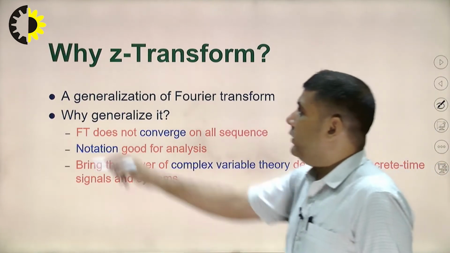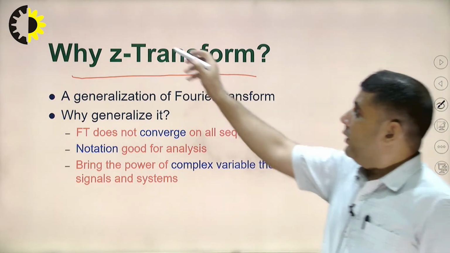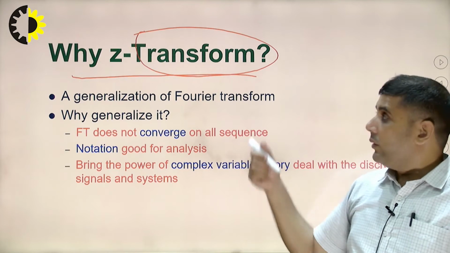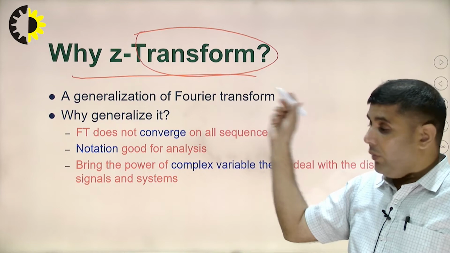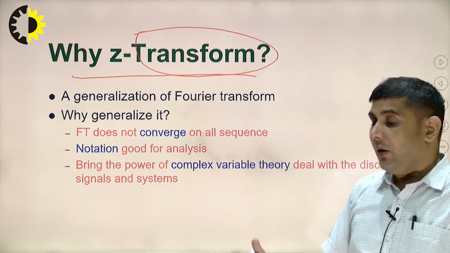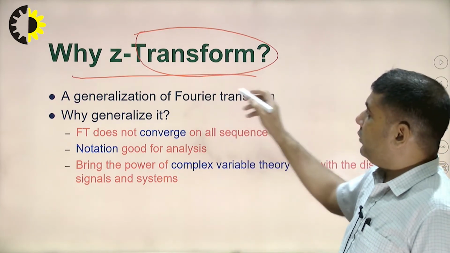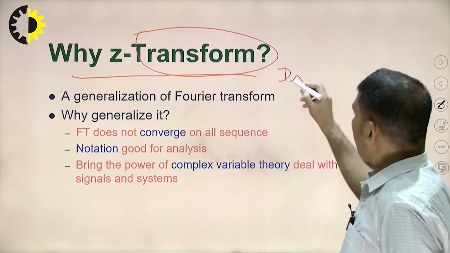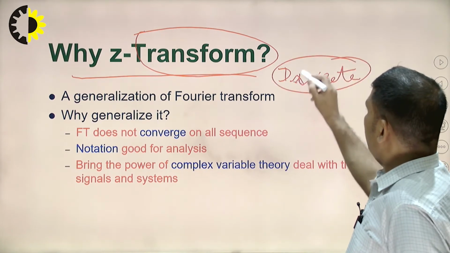Firstly the question arises, why Z transform? As is clear from the name itself, transform means we are applying some mathematical manipulations, mathematical calculations, to make the original calculation a little bit simpler or easier. Basically, the Z transform is used for discrete signals.